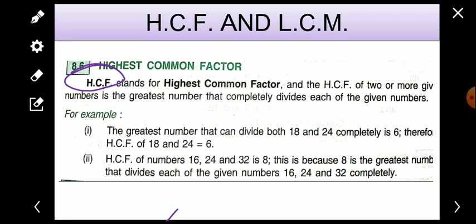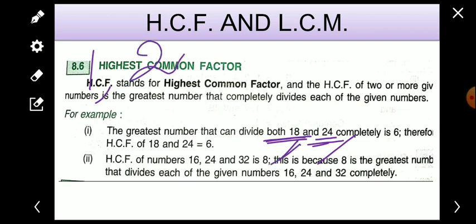divide the given numbers. Like if we talk about the numbers 18 and 24. Two numbers have been given here, 18 and 24. Then which numbers can divide 18 and 24? Many numbers can divide, like 1 can divide 18 and 24 both, 2 can divide 18 and 24 both, and 3 can divide both the numbers, but 4 can divide only 24, not 18.